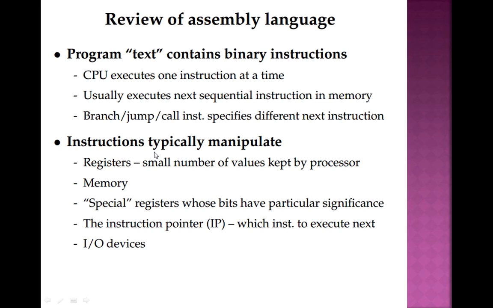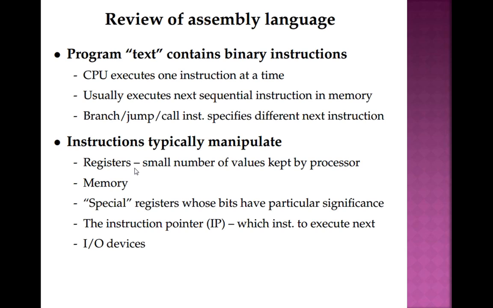Next, assembly language instructions typically manipulate, or we can manipulate the instructions very easily. There are so many things available. One is registers, which contain a small number of values kept by the processor. Next is memory, which is used for storing the data and the program in the computer memory. Then there are special registers whose bits have particular significance, which I told you in the last class. There are two types: unsigned integer and signed integer.